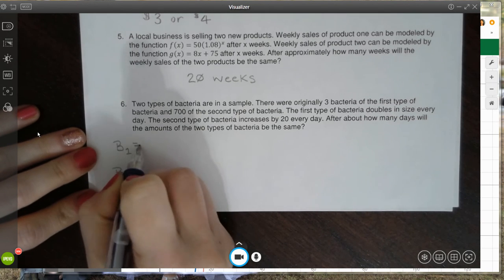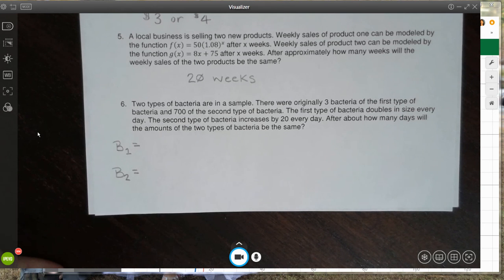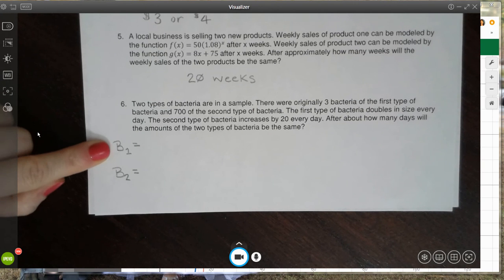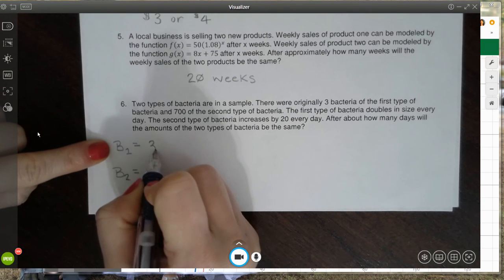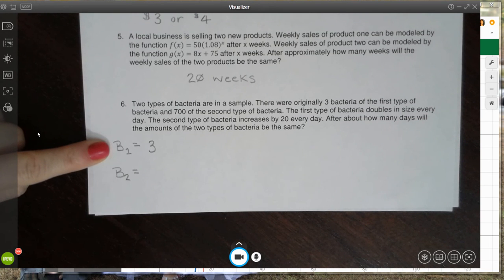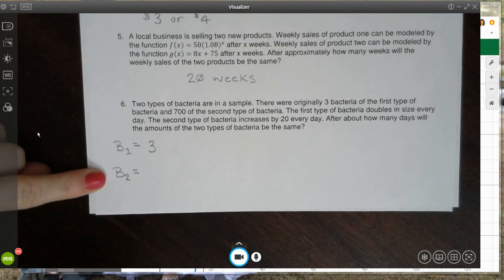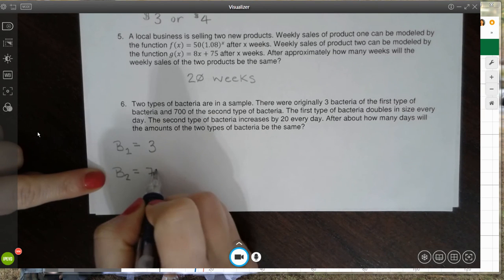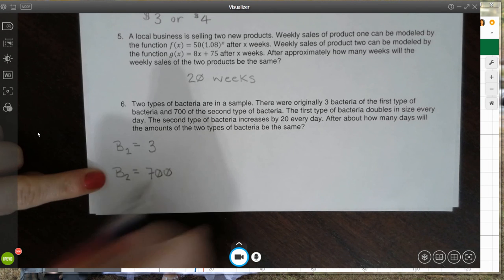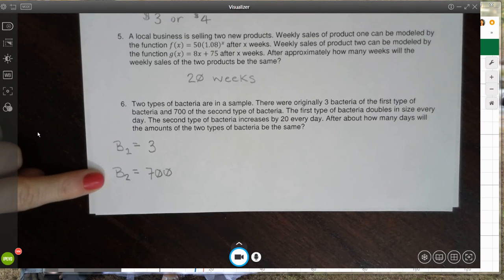These are going to be my two equations that I'm writing. The original number of bacteria in the first sample was 3. So I'm going to put that in there. And the second started with 700. So those are both my initial amounts.